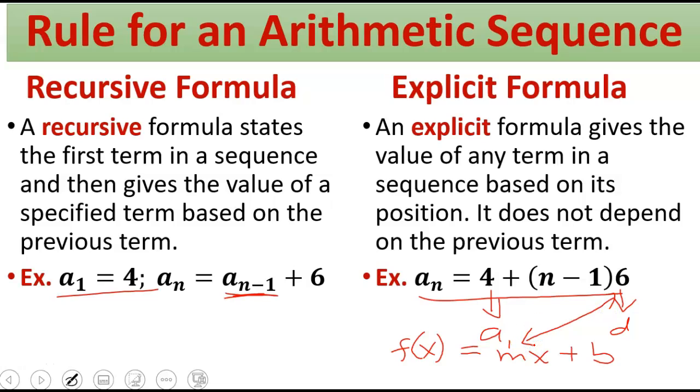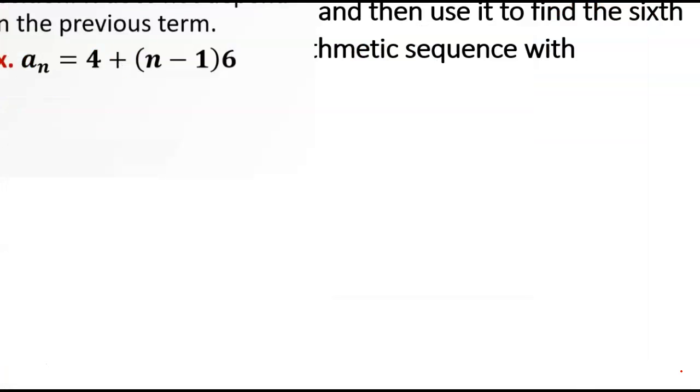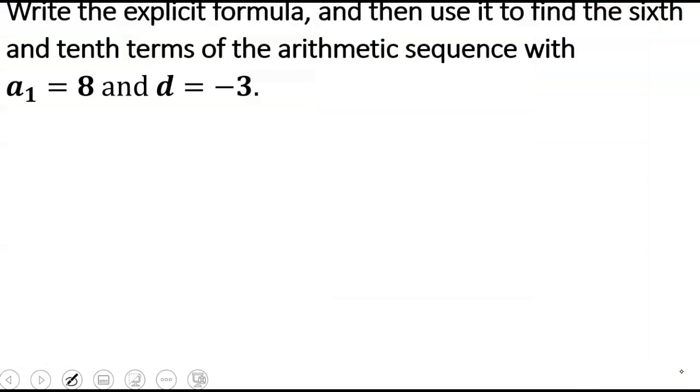The b is like the y-intercept. Instead of a1, it's going to be like a0. But in sequences, we don't use a0 most of the time, except in some special cases like Fibonacci, where even that 0 is recorded as the first term.